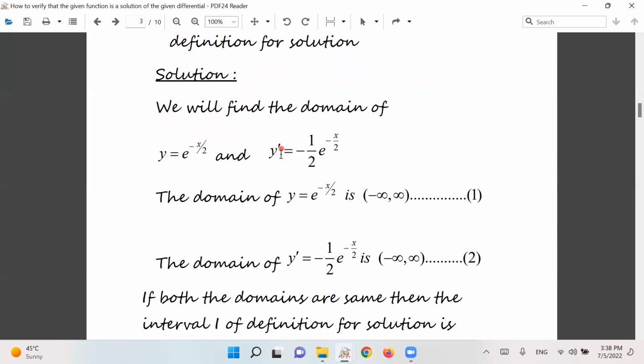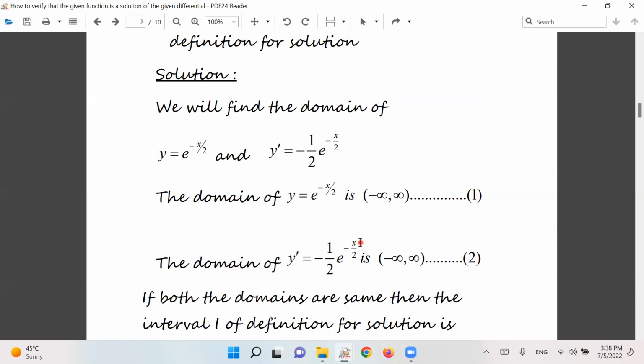Similarly, we have to see what the domain of the derivative y dash will be. So the domain of y dash, which is minus 1 over 2 e power minus x over 2, is also minus infinity to infinity. Since the function is almost the same for y and y dash, whatever value of x we substitute here, 0, 1, 2, 3, any value, we will get a real value.